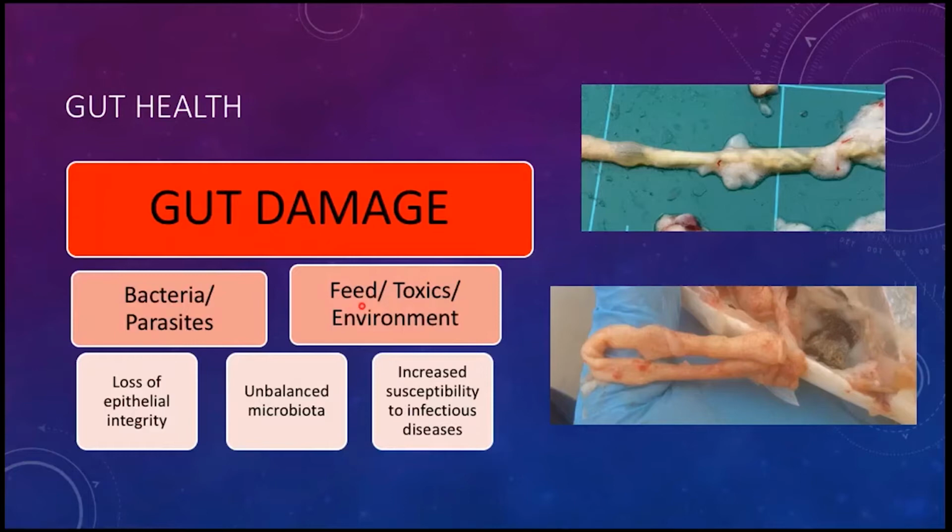As we more and more substitute fish meal, obviously we introduce vegetable raw materials that some of them might have a variable amount of substances or anti-nutritional factors that also can affect negatively the gut health of our fish.